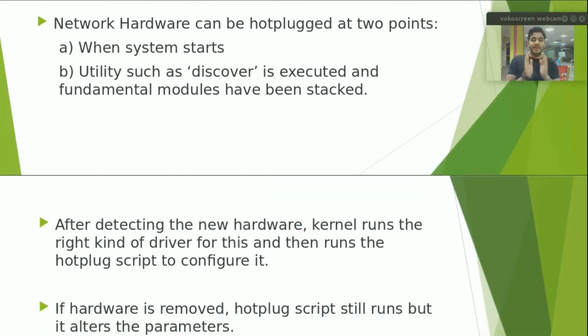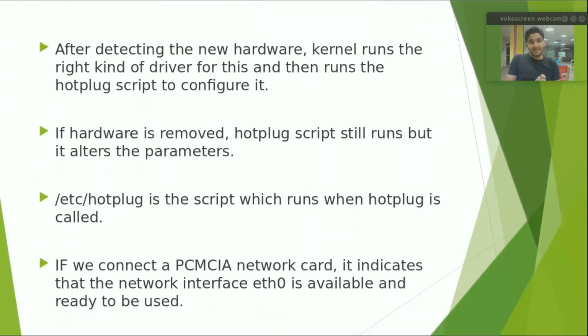So moving on to the next point. You've got to detect the new hardware. For example, in our case, let's assume that we are trying to connect a PCMCIA network card. So how is it going to detect it? Basically, the hotplug package itself is not going to detect it.